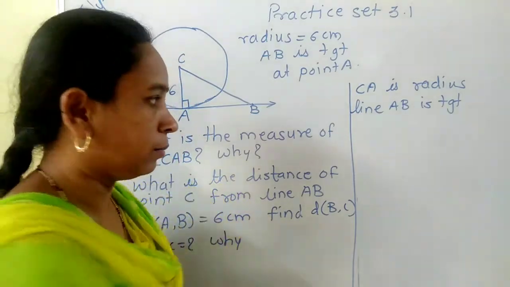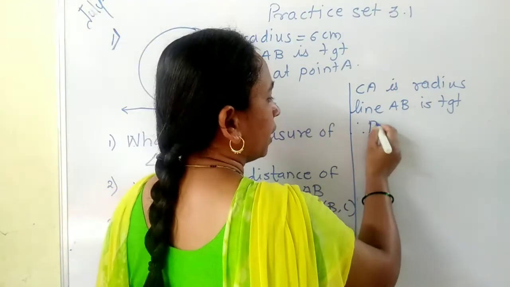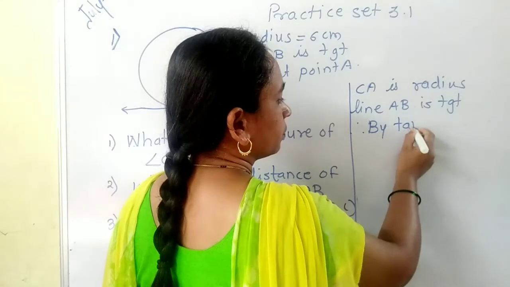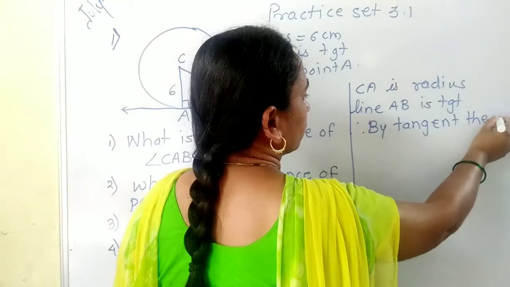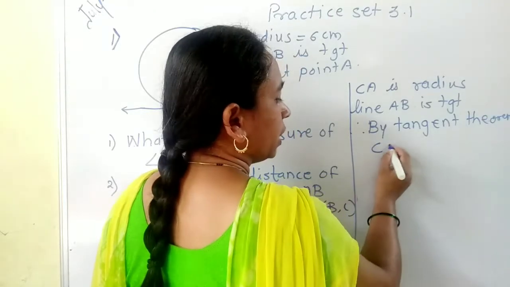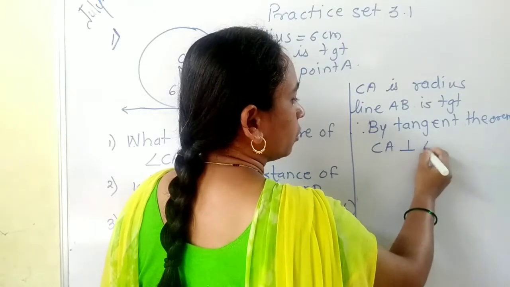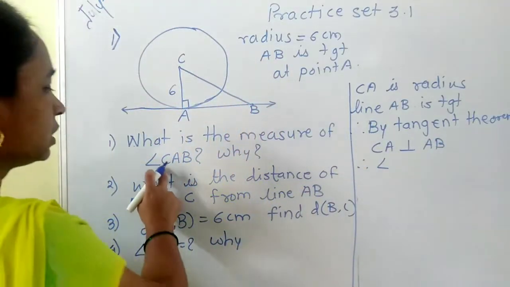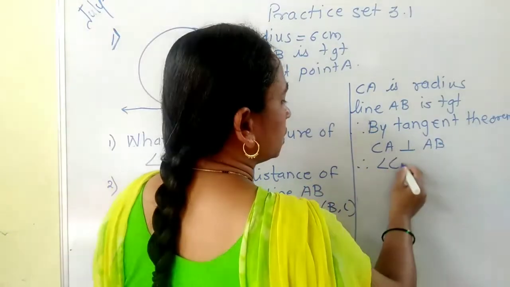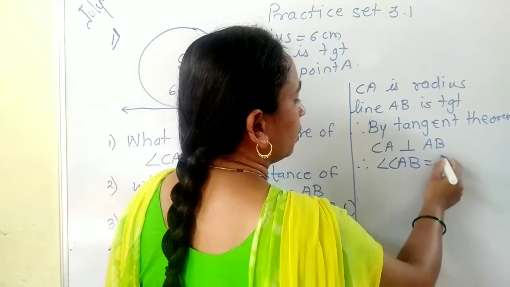By tangent theorem, radius CA would be perpendicular to line AB, and therefore angle CAB would be 90 degrees.